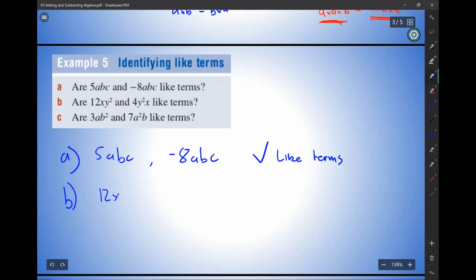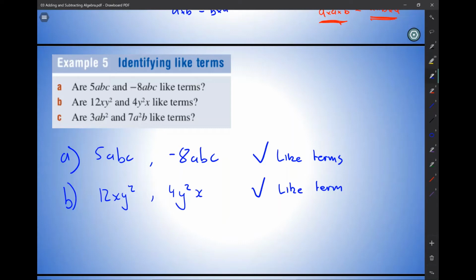Are 12xy squared and 4y squared x like terms? Yes, these are also like terms. They are in a different order, but they are the same. Both terms have an x, and both terms have a y squared. The order is different, but the letters are the same, so they are like terms.